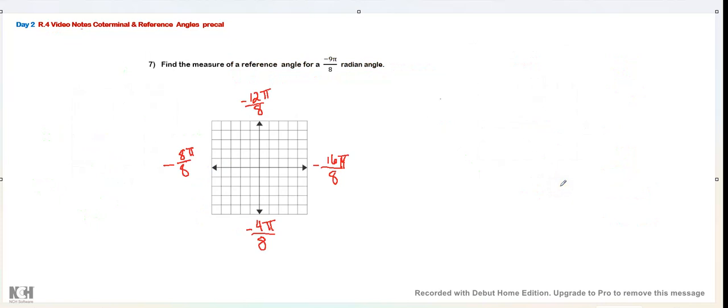All right, now this one is in terms of radian angles. It's negative, so I labeled it counterclockwise, negative. And I did it in terms of eighths because that's what we're dealing with. One whole pi would be at the 180-degree line over here.